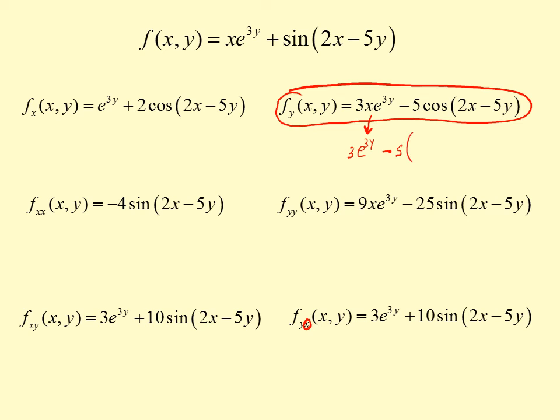The derivative of cosine is negative sine. And then we'll do the derivative with respect to x. Derivative of 2x would be 2. Derivative of 5y would be 0. That comes out to be negative and a negative, which is positive 10 sine 2x minus 5y.